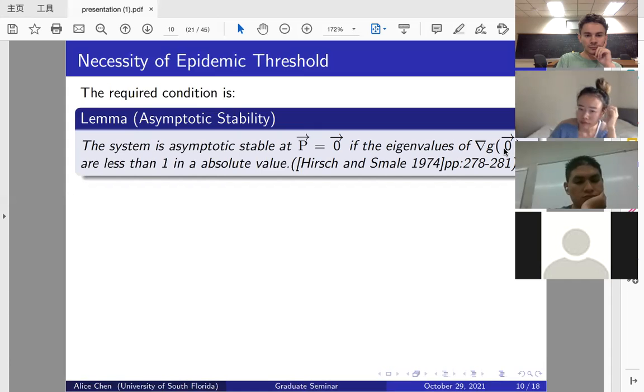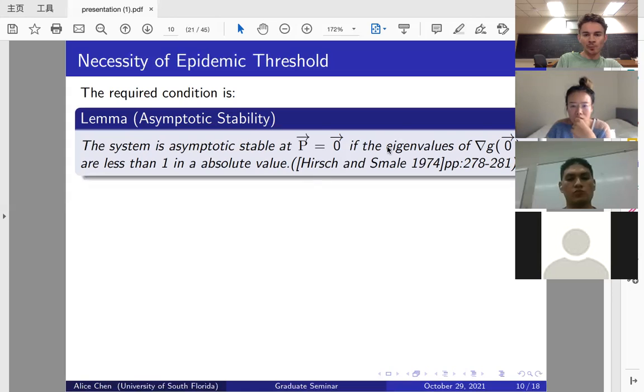You can see the brief proof of this lemma in a book, I think it's called Differential Equations, Dynamical Systems and Linear Algebra by Hirsch and Smale, 1974. I think it's a 2-page proof. And we're gonna use this lemma.